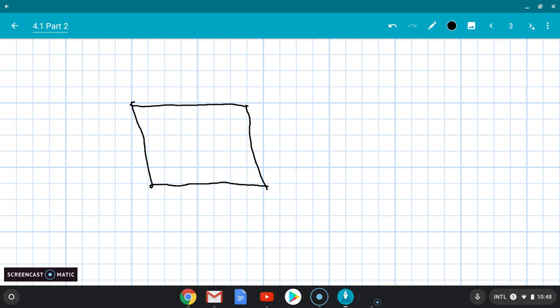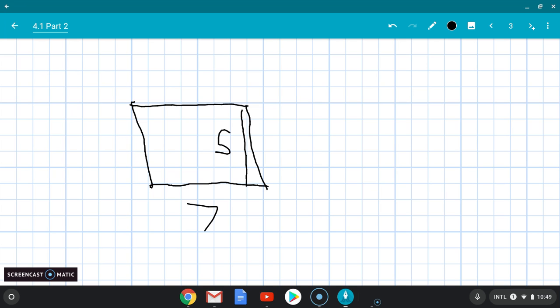So here we have our parallelogram. Our base is 1, 2, 3, 4, 5, 6, 7. 7 units. We're not sure what it is. Then our height, 1, 2, 3, 4, 5. I'll draw a line here. Ugly line. The height is 5.